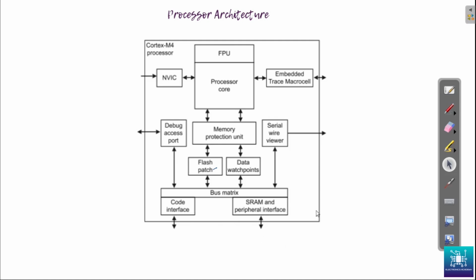So this is the peripheral interface, and the peripherals are actually outside this block. So this is in brief how the Cortex-M processor is laid out internally. And of course, the nested vector interrupt controller is also a very crucial and important part of the Cortex-M4 architecture, which handles your interrupts.